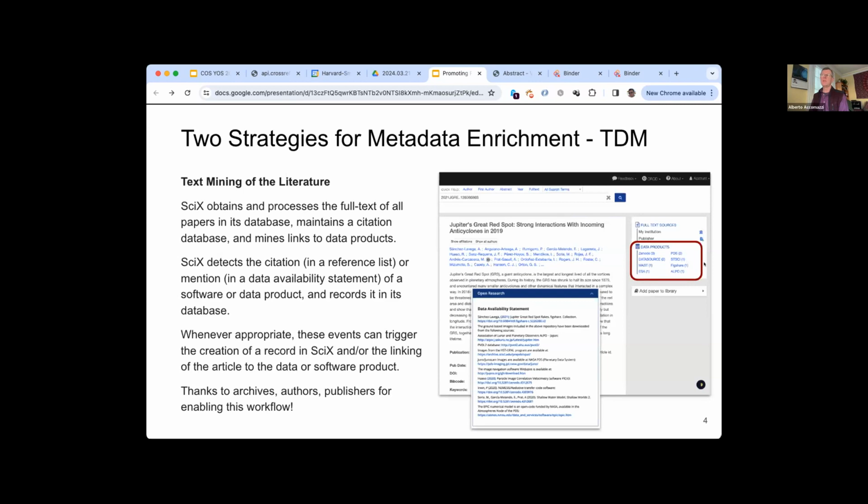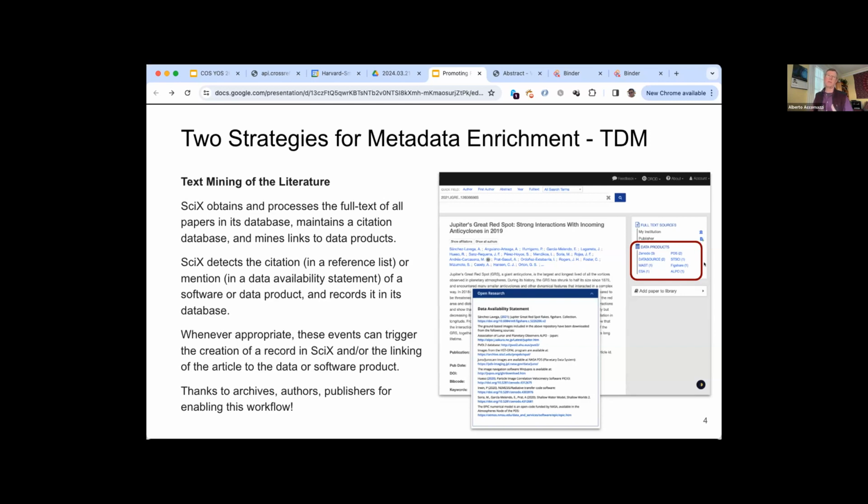There are two ways in which we populate and enrich our metadata. One is through text and data mining, which essentially happens by mining the full text of the papers. We receive manuscripts from all kinds of publishers, including the American Astronomical Society and the American Geophysical Union journals. We look in those papers both for formal citations, which we process on a regular basis, and also for data availability statements when they exist.